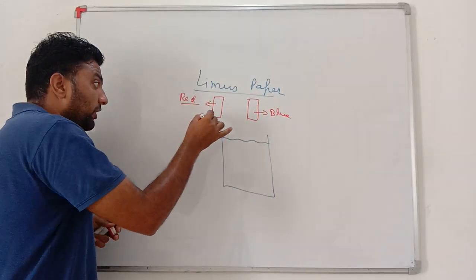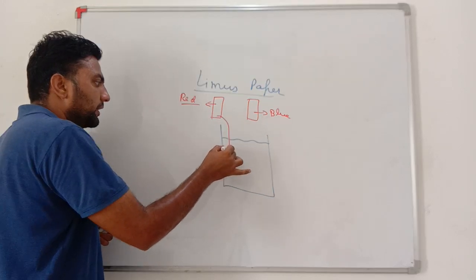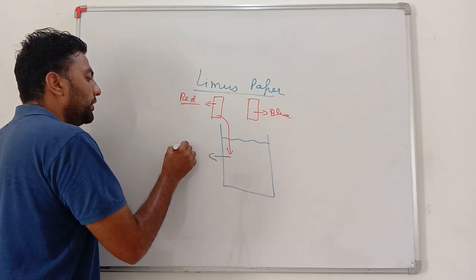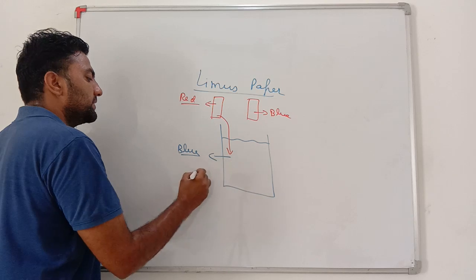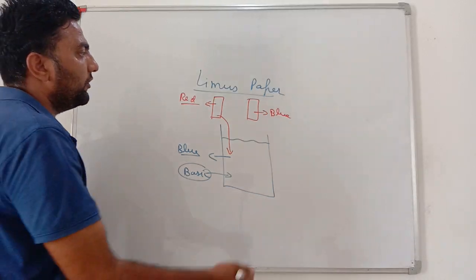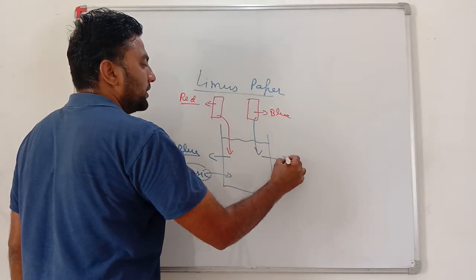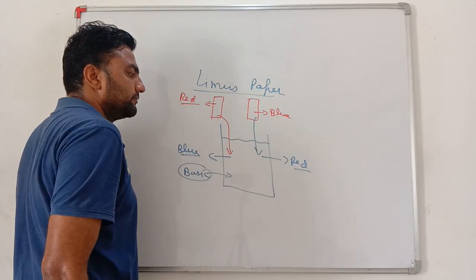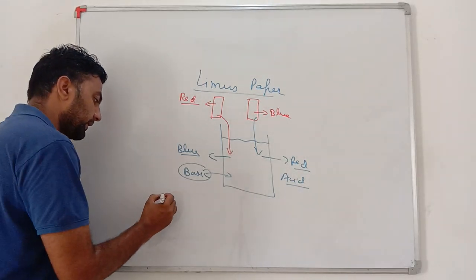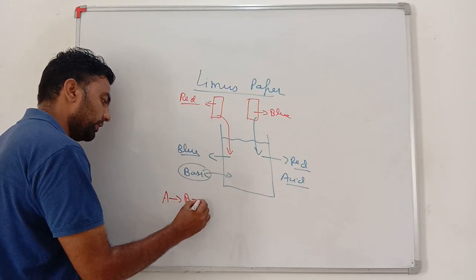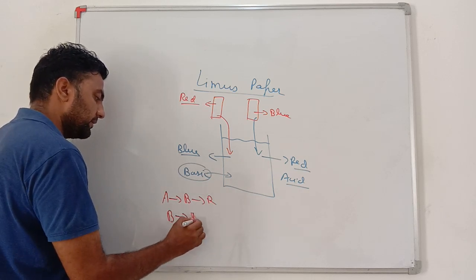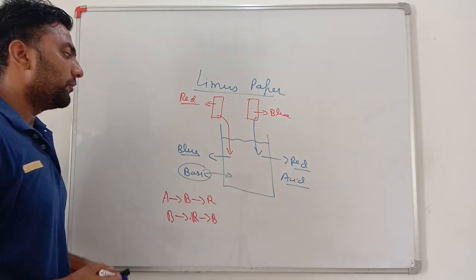See my dear students, if we put red litmus paper into any solution and it converts into blue, then this is basic. This stuff is basic in nature. If I put blue litmus paper into a solution and it turns red, then it is acidic. So very important, in acid, blue to red. In base, red to blue. Very important.